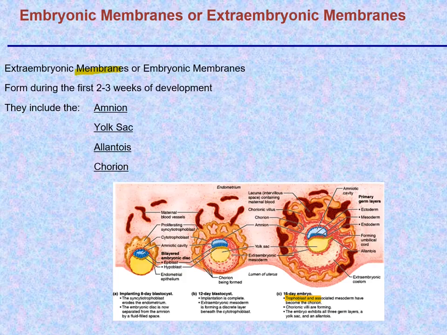And the membranes that are extraembryonic, outside of the embryo, are the amnion, the yolk sac, the allantois, and the chorion. And here you see them, the chorion, the amnion, the yolk sac, and the allantois here. Okay, and these four are described in the following slides.